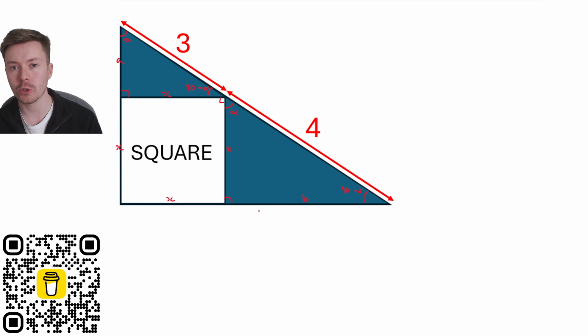Now, because these are similar triangles, I know I've got a scale factor, and that scale factor here is multiplying by 4 over 3.